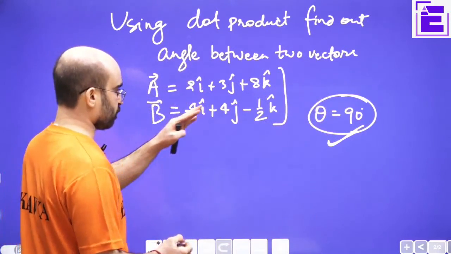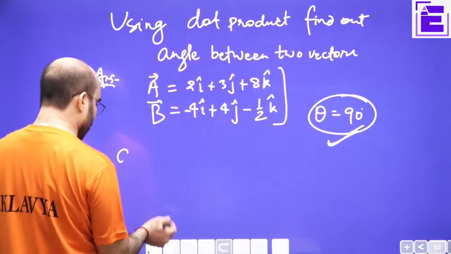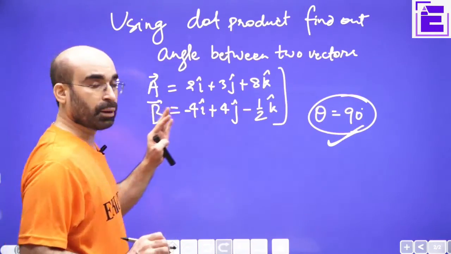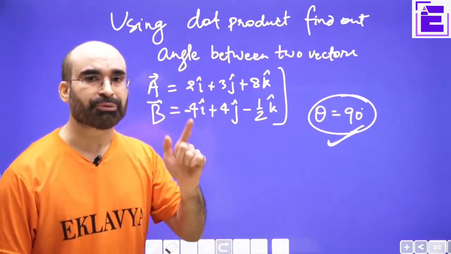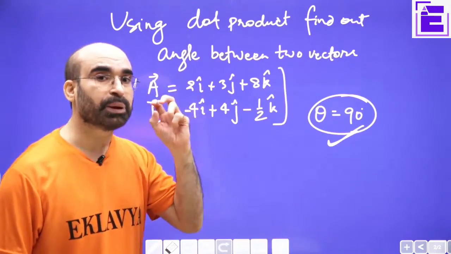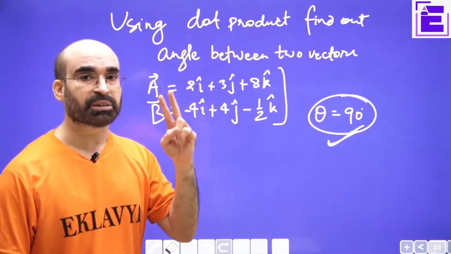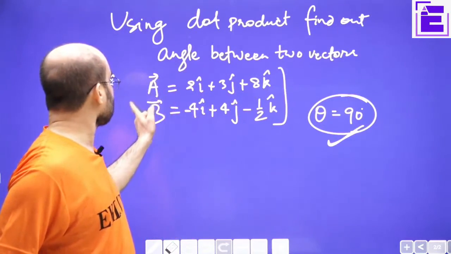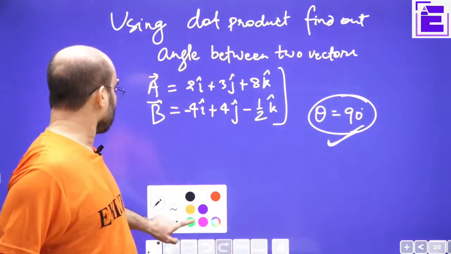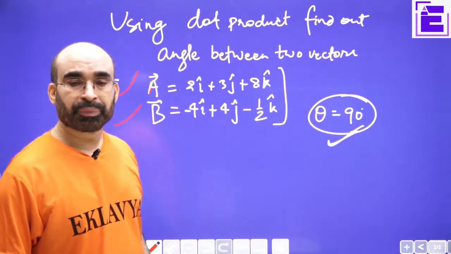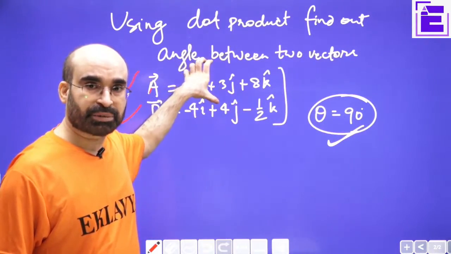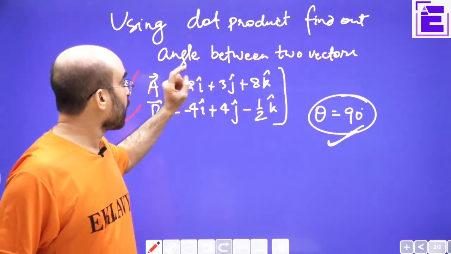Just stay focused. So cos theta, if you have got this basic idea, what is the purpose? To find out the angle between two vectors, given vectors A and B, using the dot product.